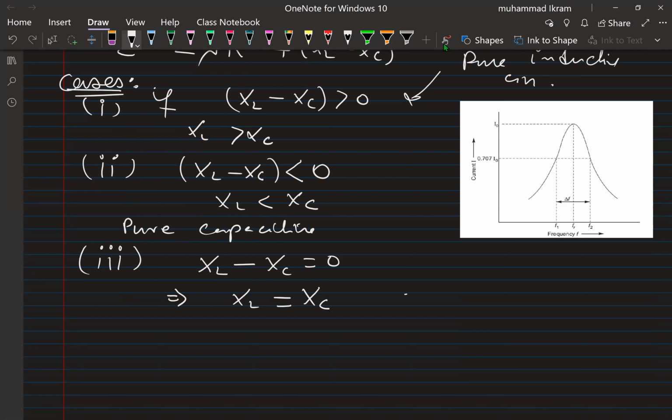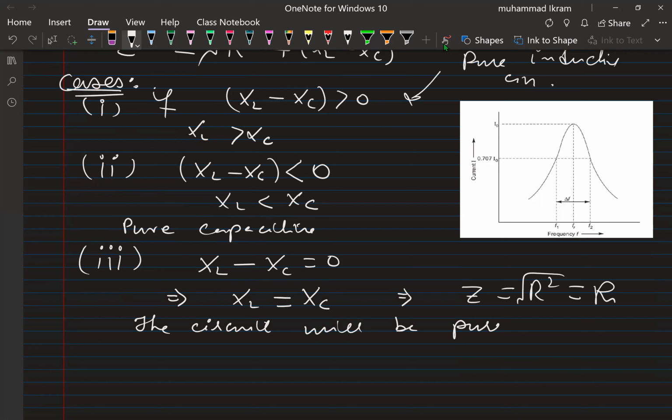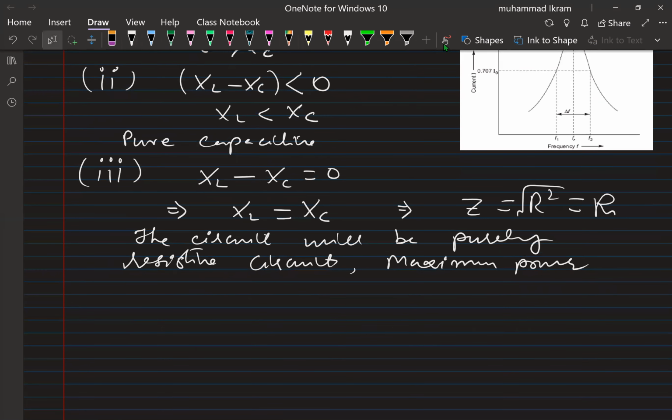In this case Z will become R, and the circuit will be a purely resistive circuit, and maximum power will be transferred.